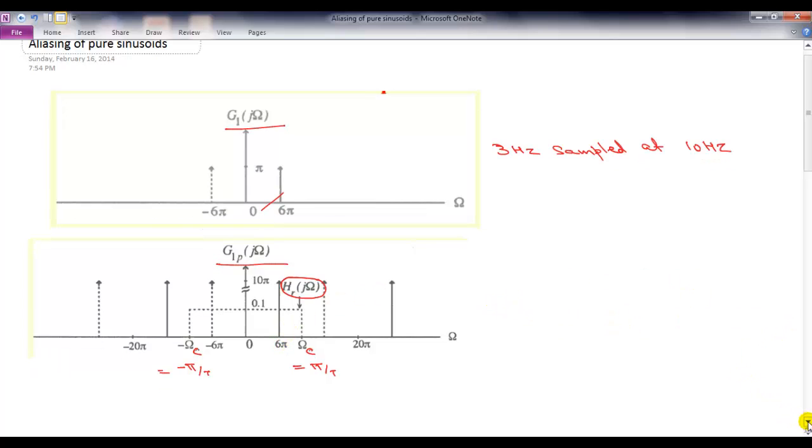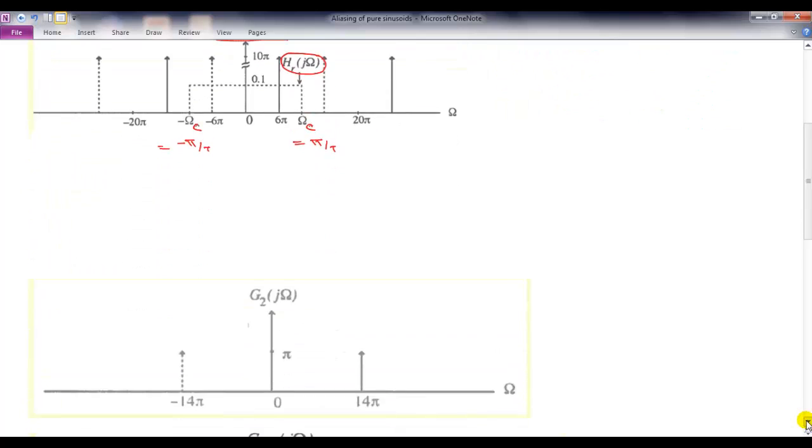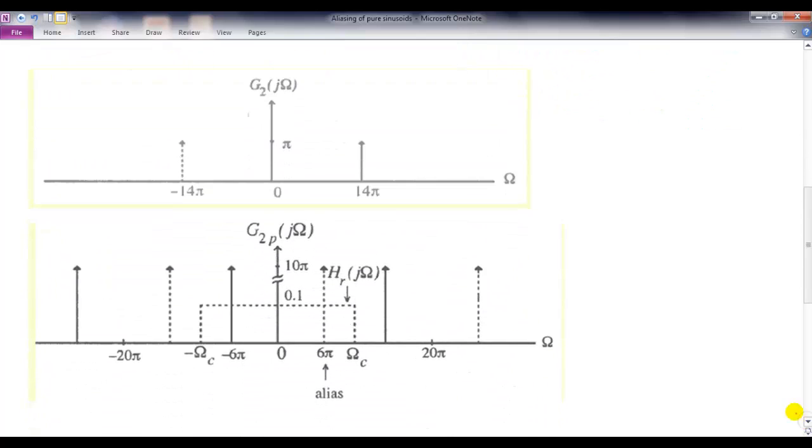Let's move on to the second case, which is 7 hertz sampled at 10 hertz. This red one is the main copy.